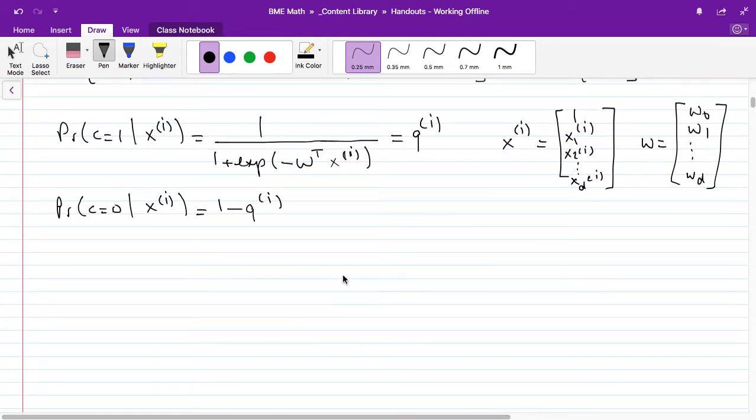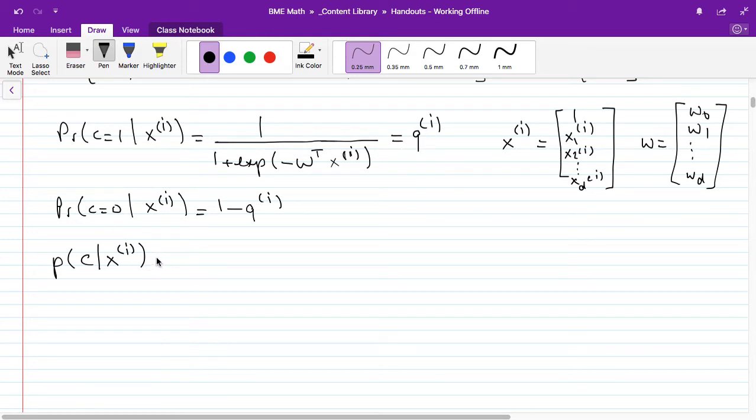All right, so let's write it. We need to know the probability distribution of the class given that we got some data x_i. You can only have two numbers, class 1 and class 0. It is 1 minus Q_i if it is class 0, and Q_i if it is class 1.